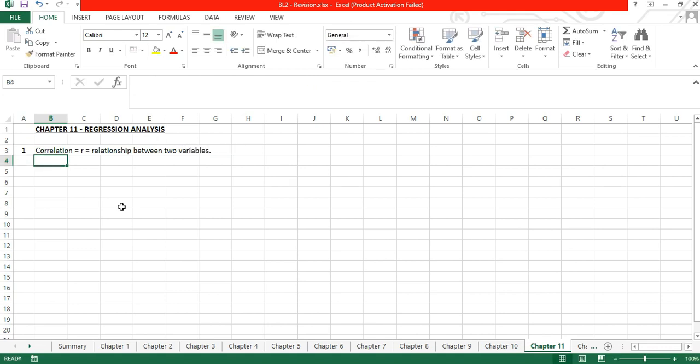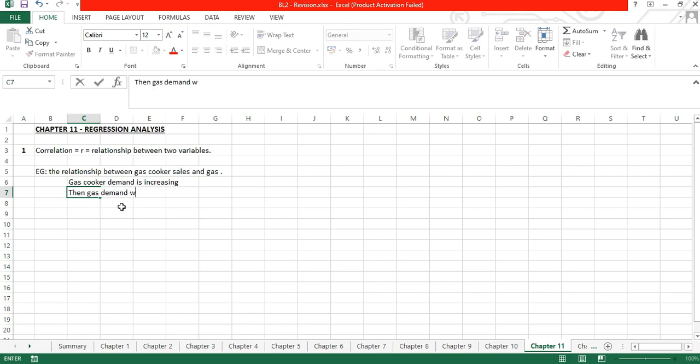So for example, if we take the relationship between gas cooker sales and gas. If the gas cooker sales are increasing, or gas cooker demand is increasing, then gas demand will also increase because a gas cooker runs on gas.